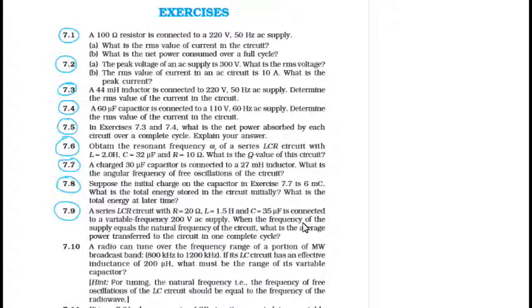When the frequency of the supply equals the natural frequency of the circuit, what is the average power transferred to the circuit in one complete cycle? So let us see the solution of 7.9.